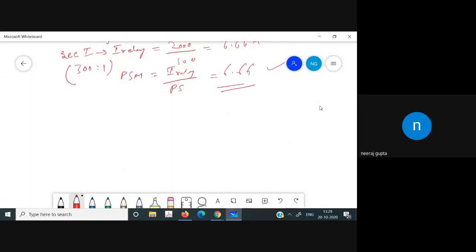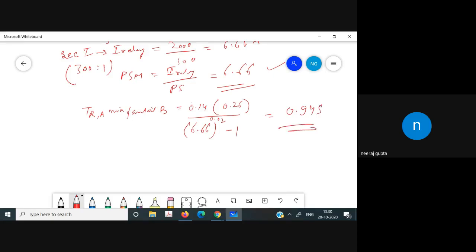So finally, TRA for the minimum fault at B is given by 0.14 into TMS that we have taken, 0.26 from the table, divided by 6.66 PSM to the power 0.02 minus 1, which is equal to 0.94 seconds.